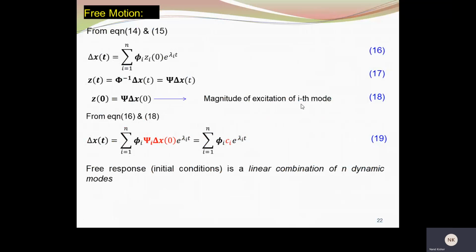From equations 16 and 18, what we have written as 19 is delta x(t) in time domain as the summation of phi i, and this term, which is the linear free response for the initial conditions, is now represented by Ci. Thus equation 19 is a linear combination of n dynamic modes here.